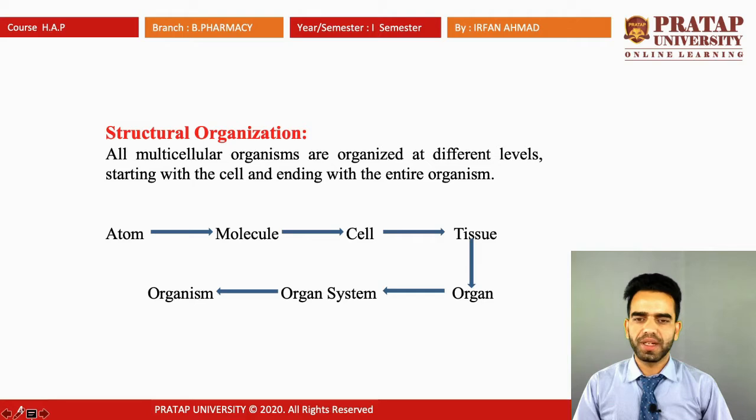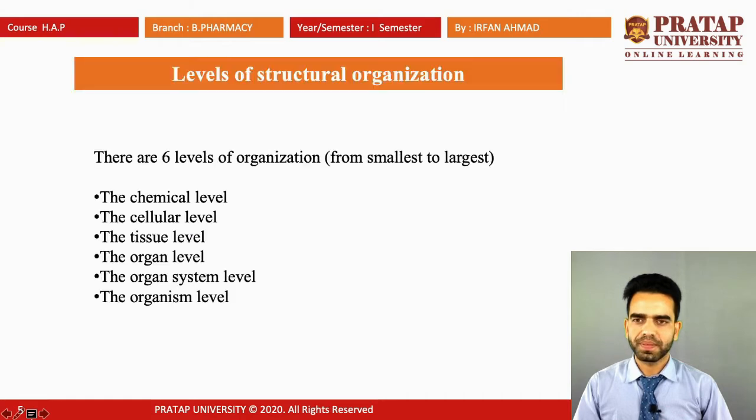So the basic building block from which the organization of an organism starts is the cell. The basic functional unit of life is the cell. From the combination of cells arise tissues, and from the combination of tissues, organs are formed. Organs combine and work coordinately to form organ systems, and the organism is formed at last.